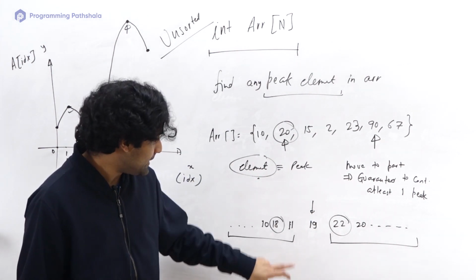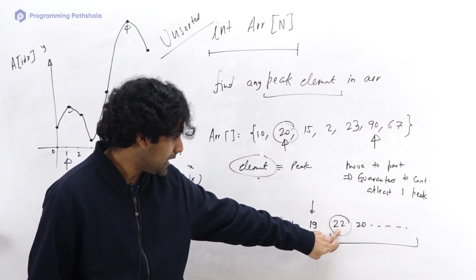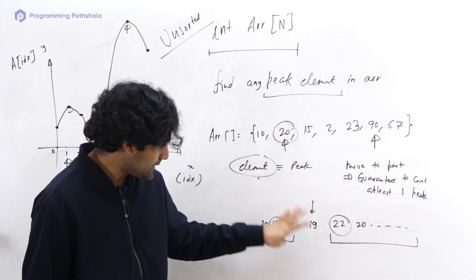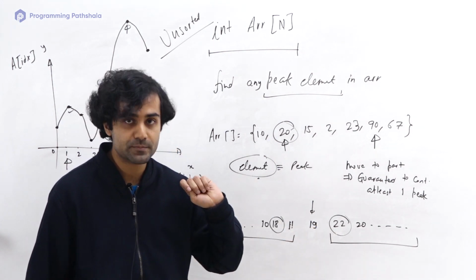In the worst case, it can happen that you had over here 110. So in the worst case, the right side element was also greater and the left side element was also greater. But for now let's talk about the case where the right side element is greater and the left side element is smaller.